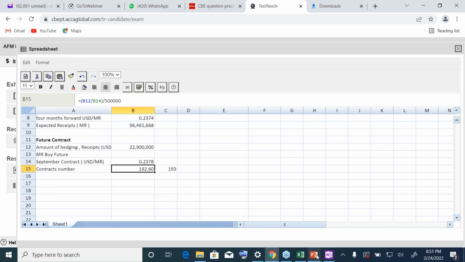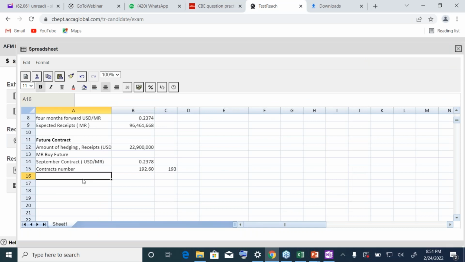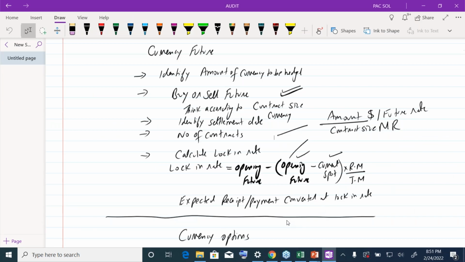After the number of contracts, the next step will be to calculate the lock-in rate. Try to use this formula. First of all, let's solve here. What is the opening future? Opening future means current future.